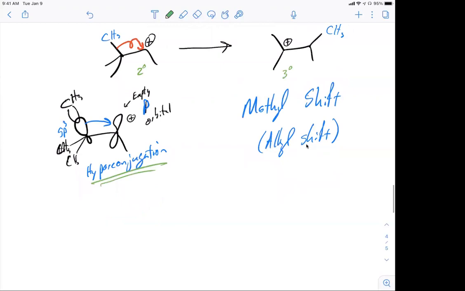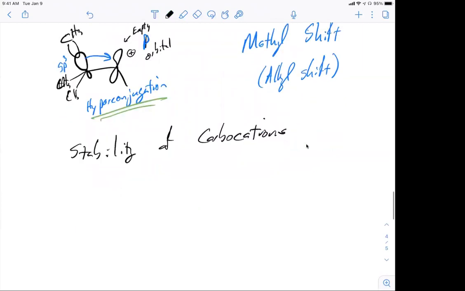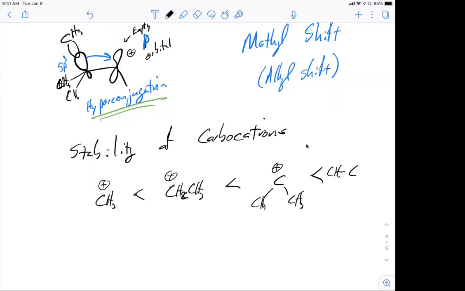If we look at the stability of carbocations, the stability increases as I increase the number of carbons adjacent to that carbocation that can hyperconjugate to it.